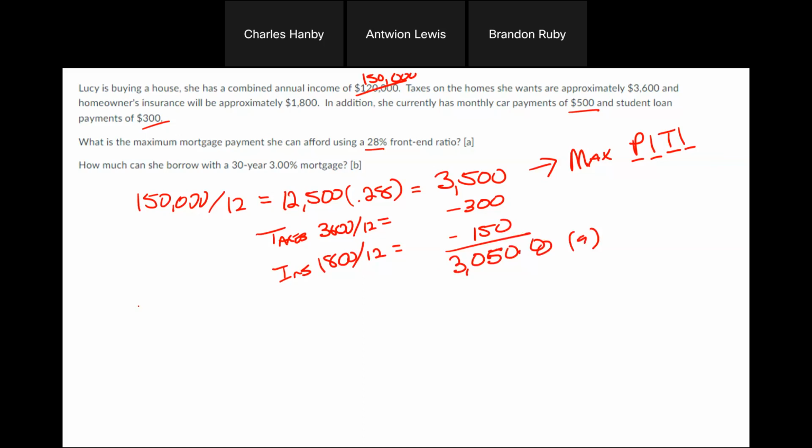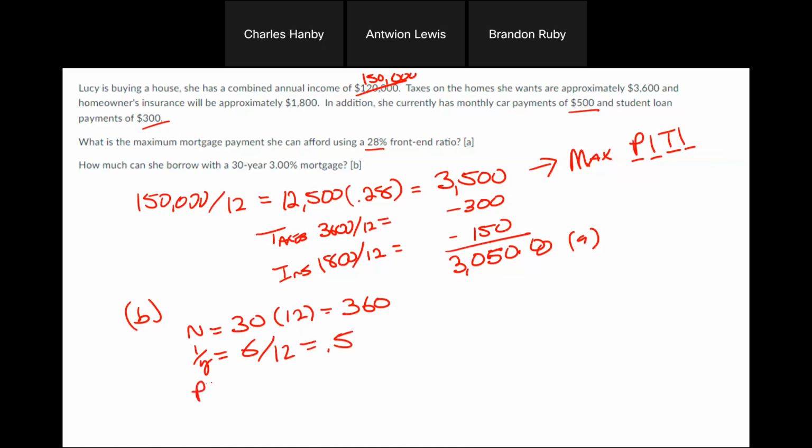So A, and then B over here. A 30-year mortgage, so 30-year monthly. 30 times 12 is 360 months. So it's a 6% mortgage, so 6%, we have to divide by 12 to make it a monthly rate.